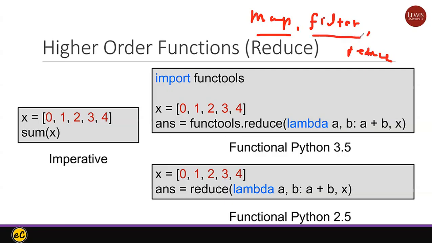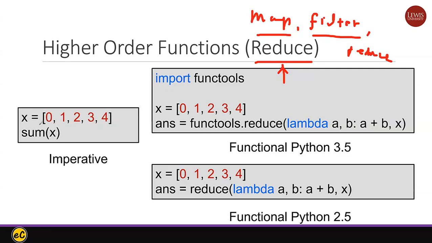Filter, you apply the function to select some elements. Reduce, right here, let's look at reduce. Reduce creates an aggregator function. This reduce is putting things together. We call it reduce. Okay, reduce the complexity or reduce the grouping.